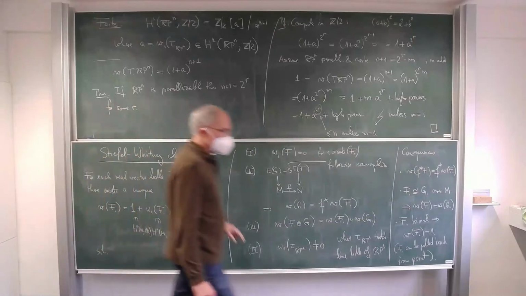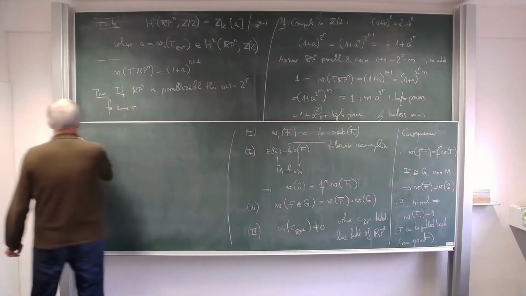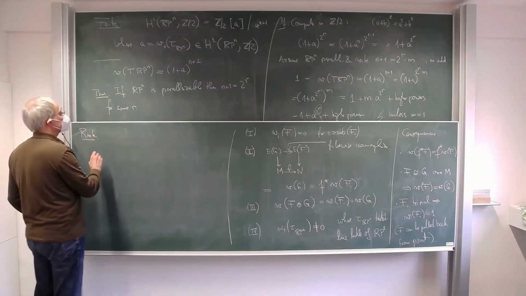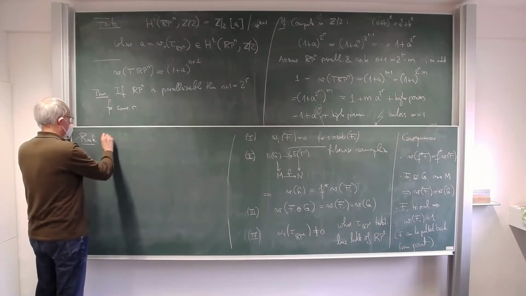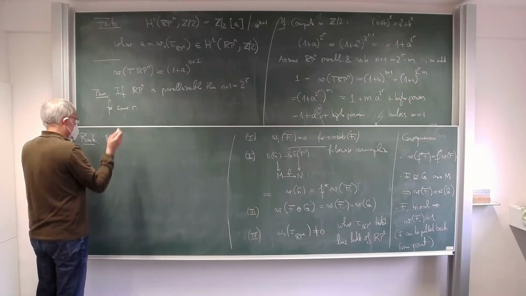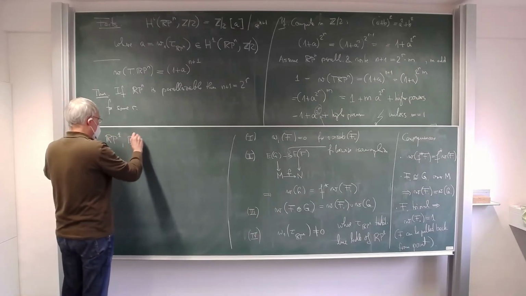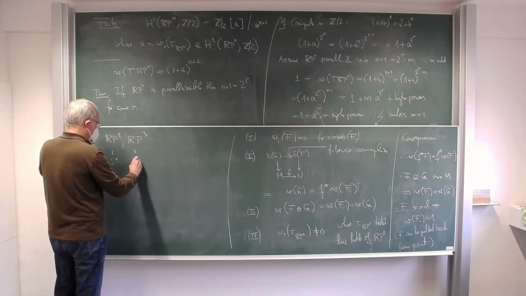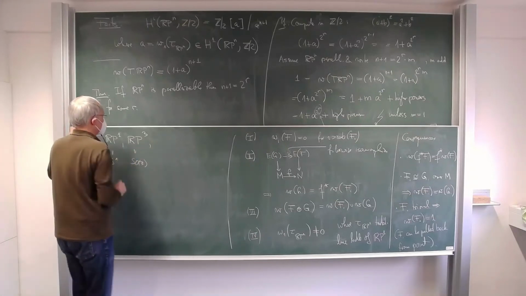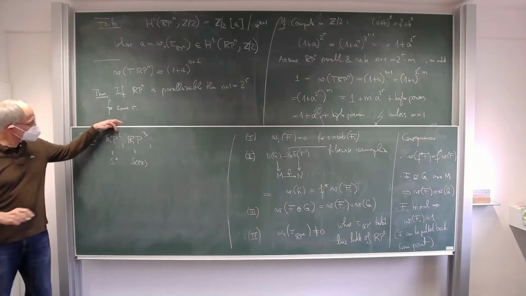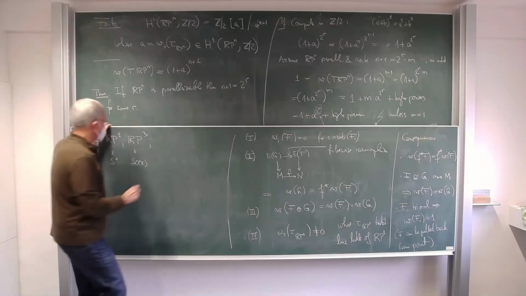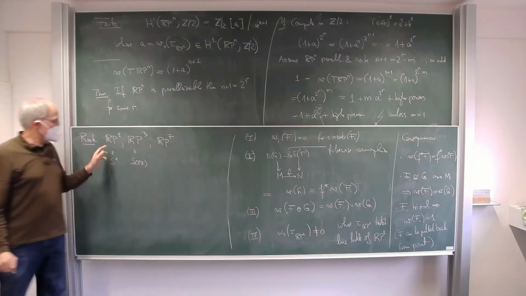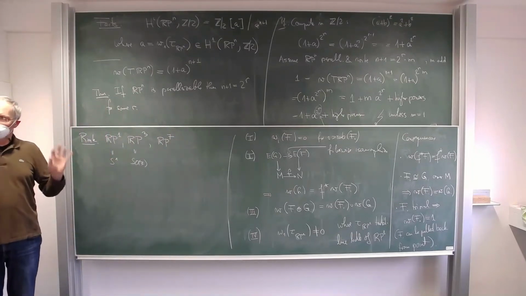And in fact, that's a remark. So let's look at what the relevant cases are here. So RP1, which is just this one. RP3, that's just this one. RP3 is SO3. And then, so this is 2 minus 1, this is 4 minus 1. Then we have 8 minus 1, RP7. These three projective spaces are indeed parallelizable.